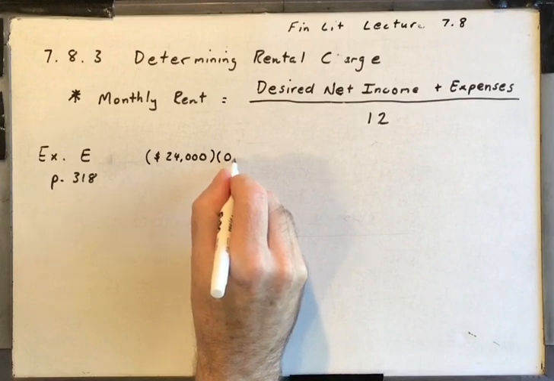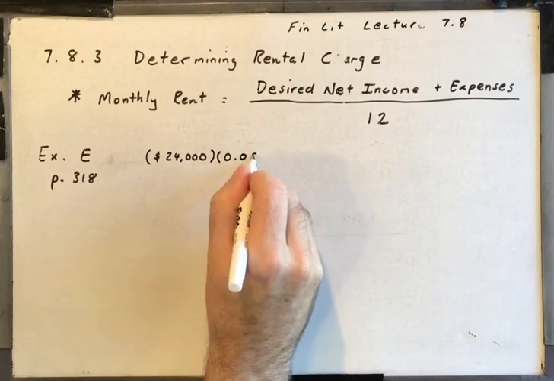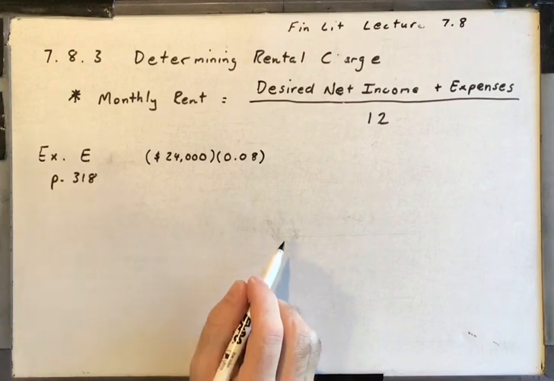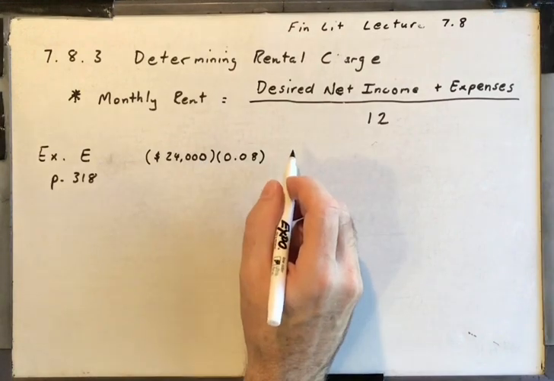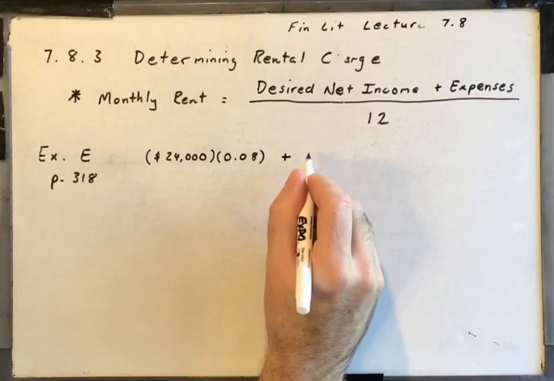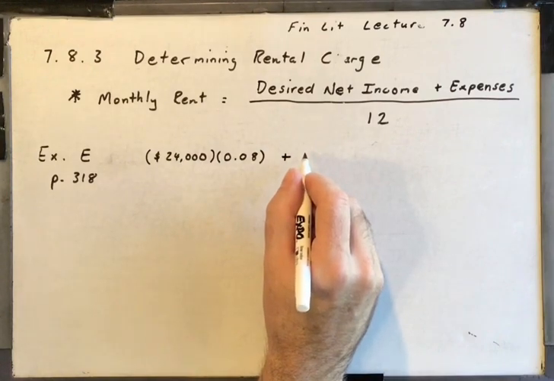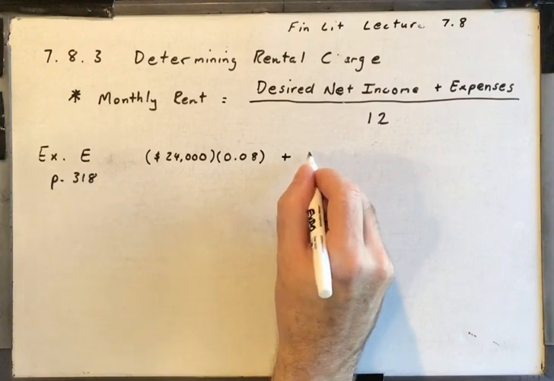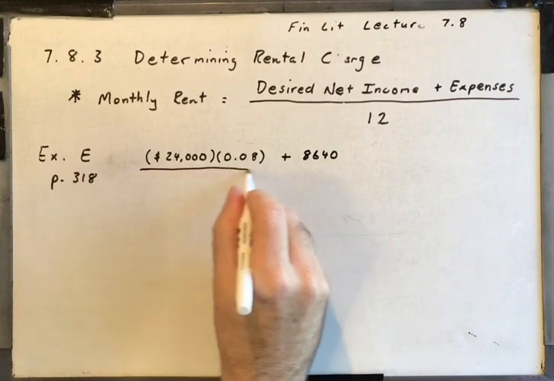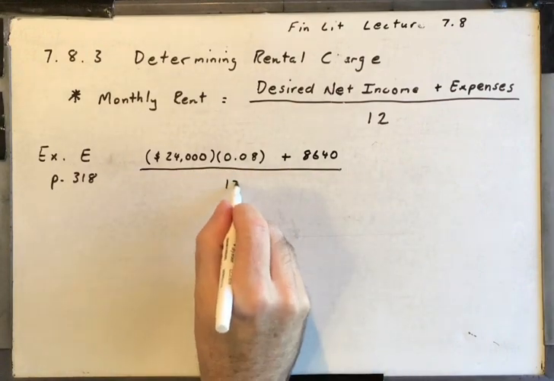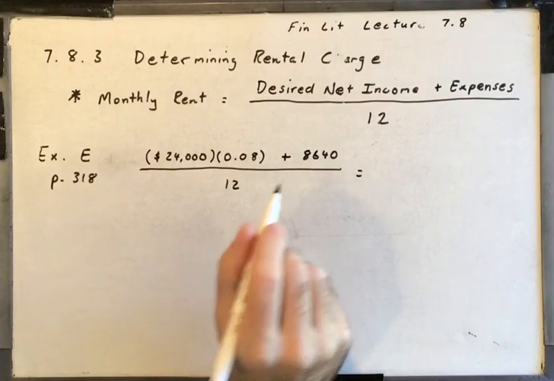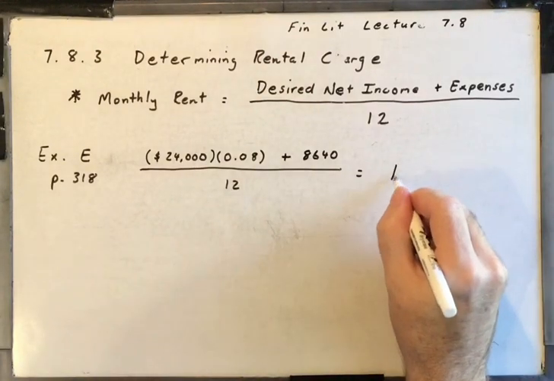He wants to earn 8% on that investment. Okay, so that's what he wants to earn. Plus he has to add the expenses in so that the rent will cover that. His expenses are $8,640. All right, over 12. So you put that in the old calculator and you get $880 a month.